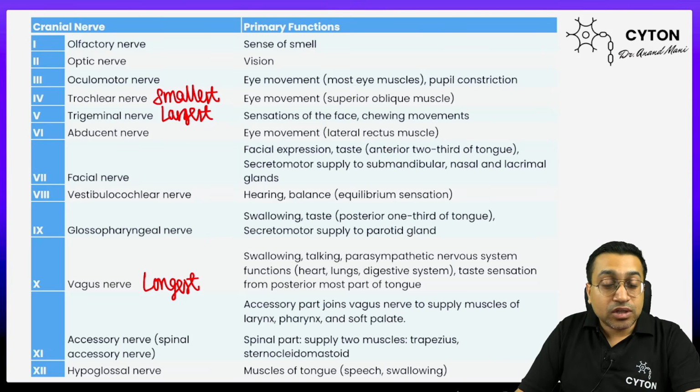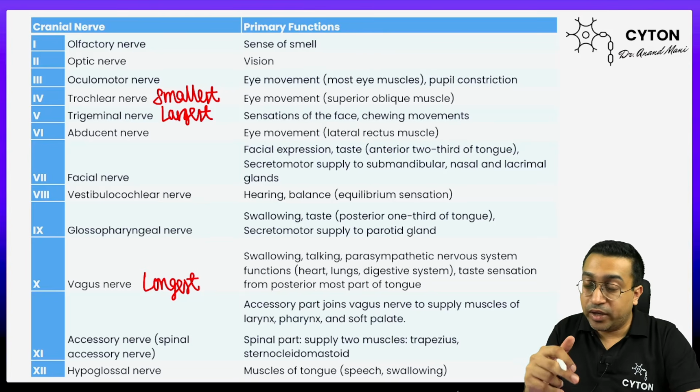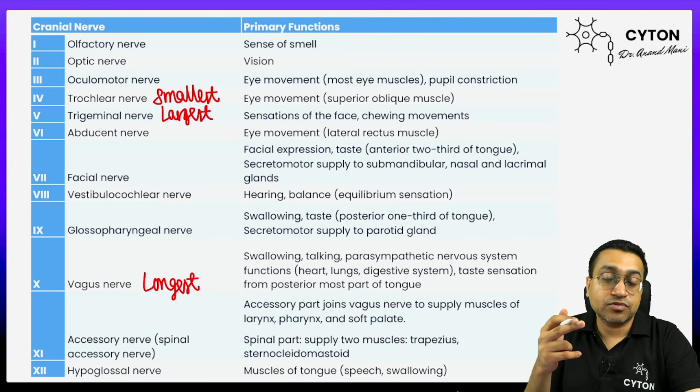All the cranial nerves emerge from the ventral aspect of the brainstem except only one, the trochlear nerve, which emerges from the dorsal aspect of the brainstem. We will study this in detail in neuroanatomy, so don't bother.